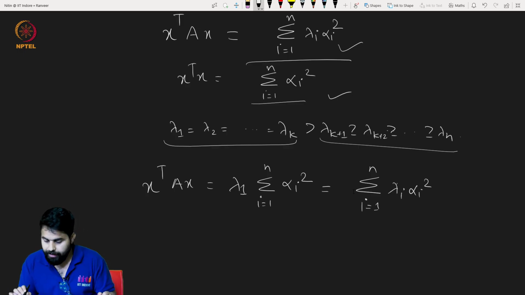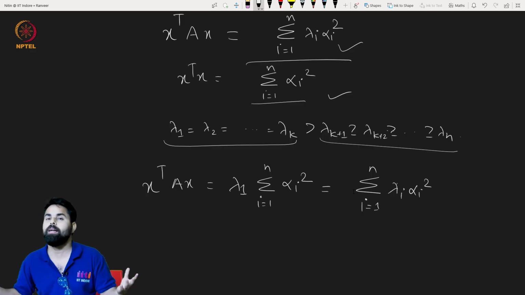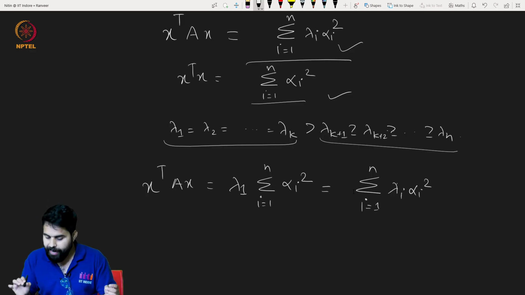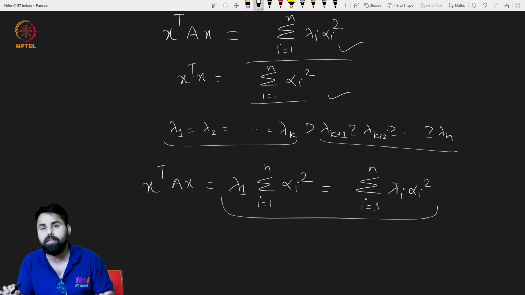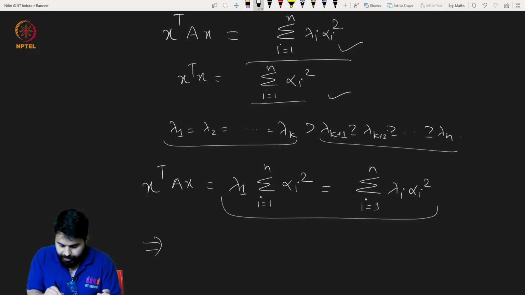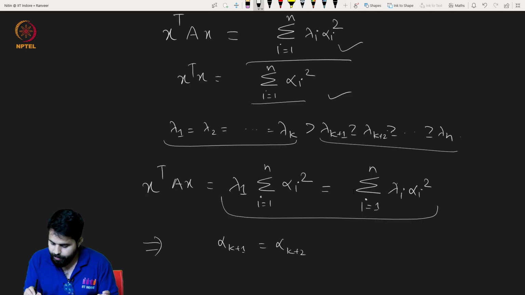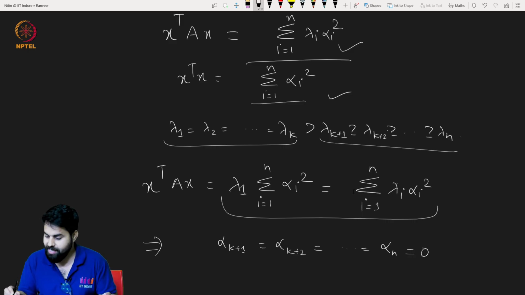That means what? And these alpha i square are positive terms, right? That means in order to satisfy this quantity, alpha k plus 1 equal to alpha k plus 2 equal to dot dot dot alpha n is nothing but 0.